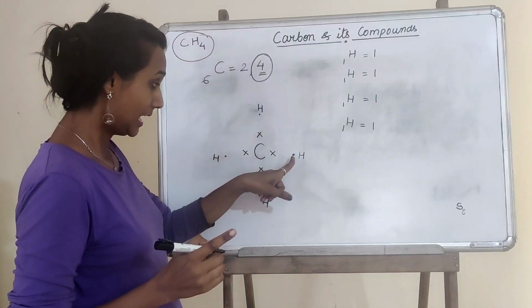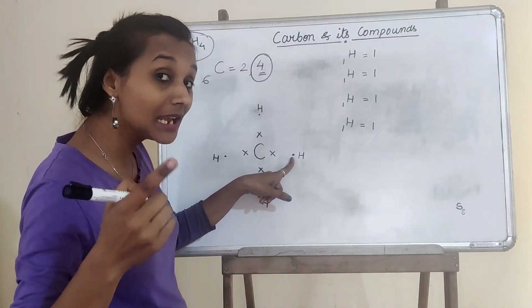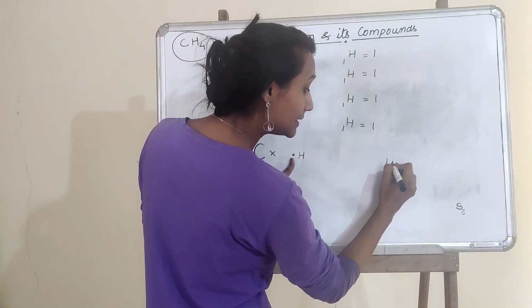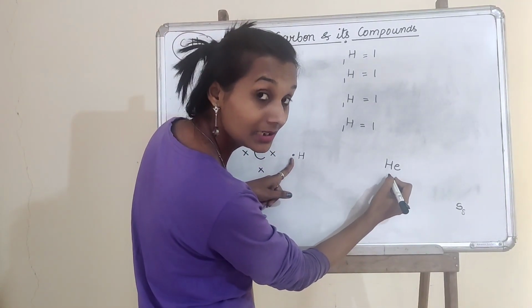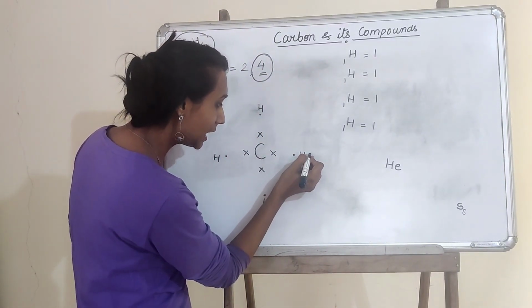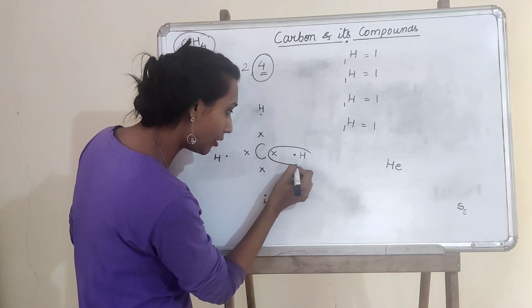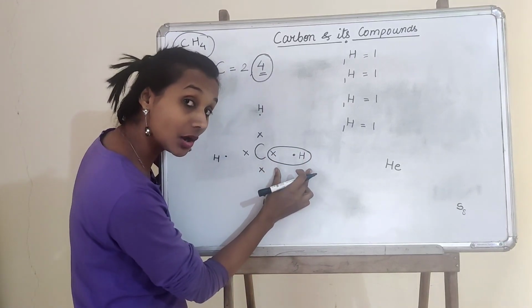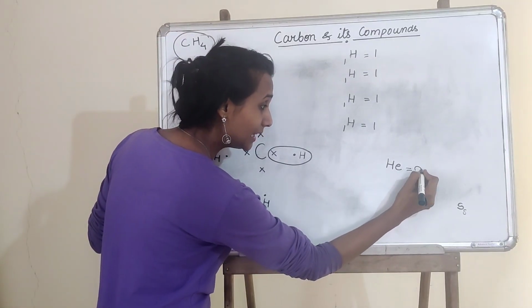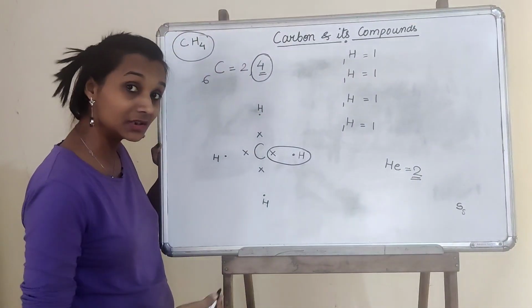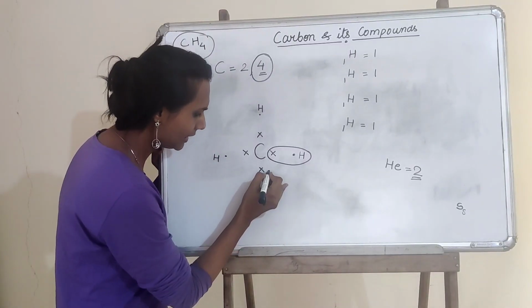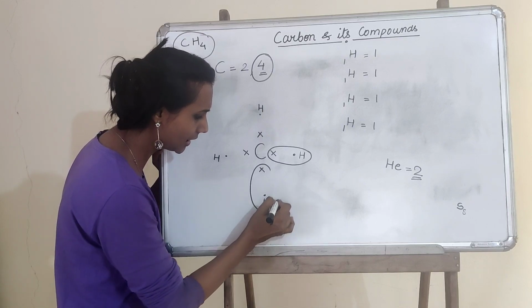Okay, now hydrogen. The nearest noble gas electronic configuration for hydrogen is, can you guess? It is helium. So hydrogen requires 2 electrons to attain the nearest noble gas electronic configuration, which is also known as the duplet rule. Okay, now again the same condition for the other hydrogen.